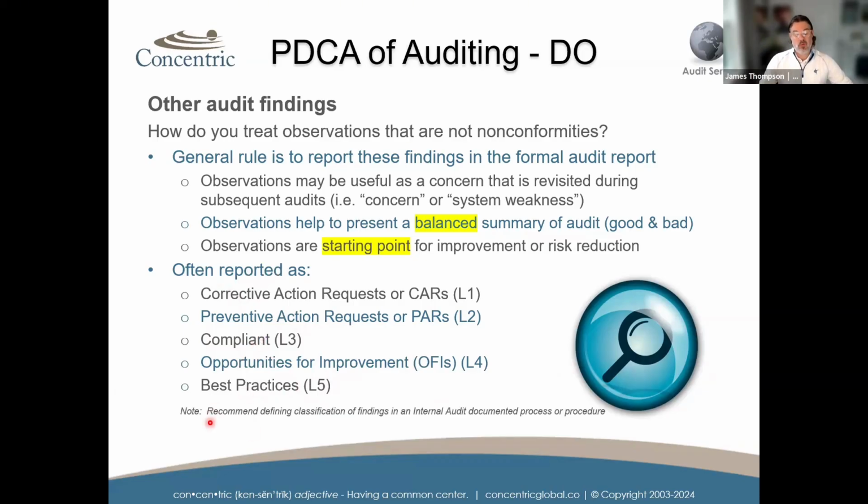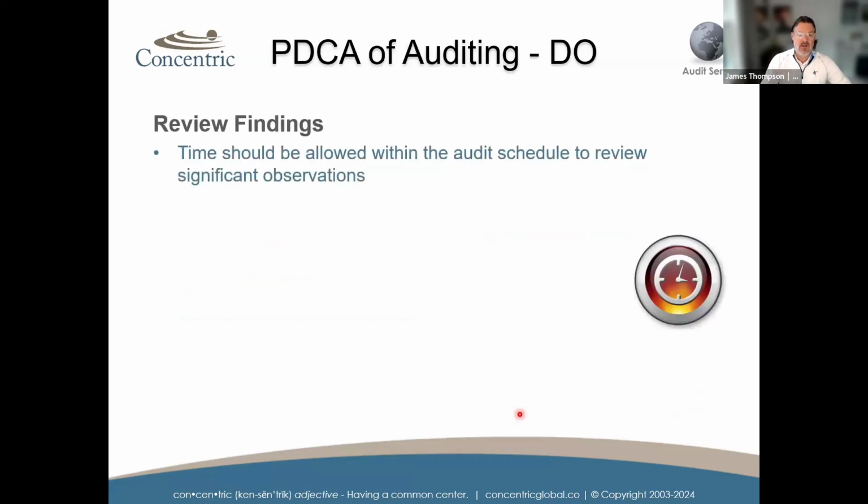So what we recommend is defining classifications of finding in your internal audit procedure and actually documenting that out. How are you going to grade these things? Which observations become subcategories, because those subcategories then prompt different classifications of actions that you want to take.